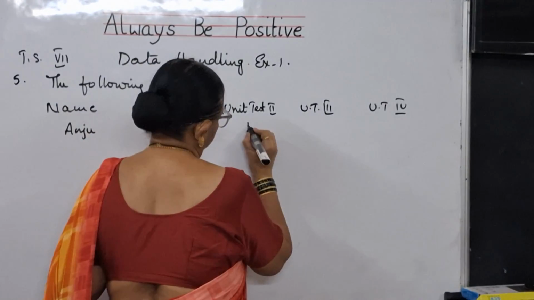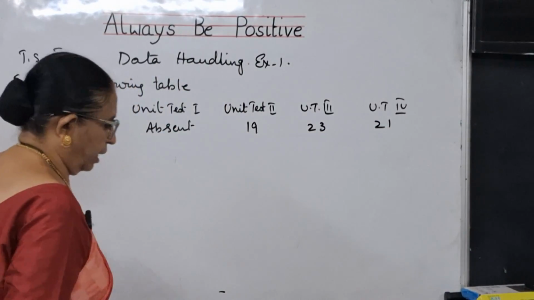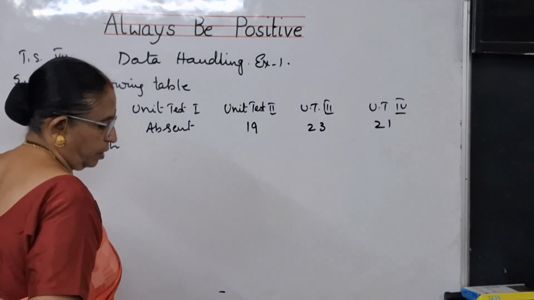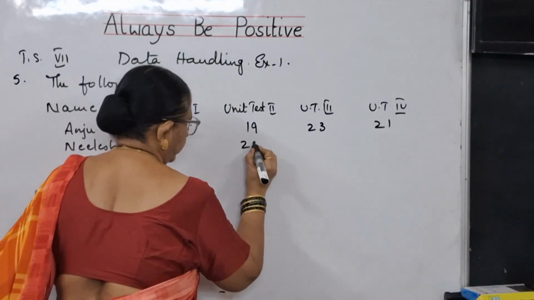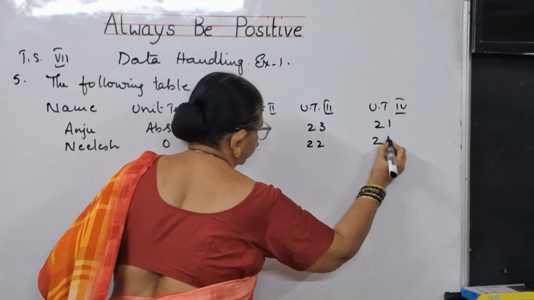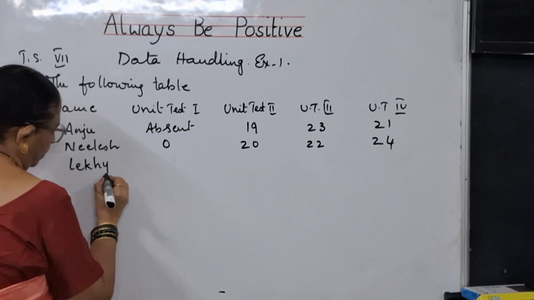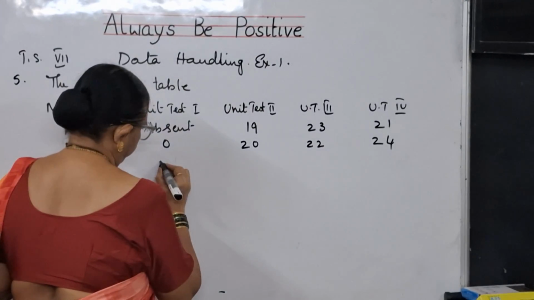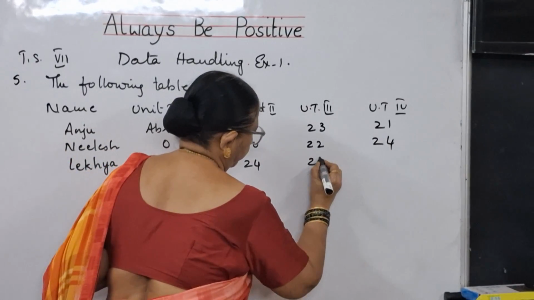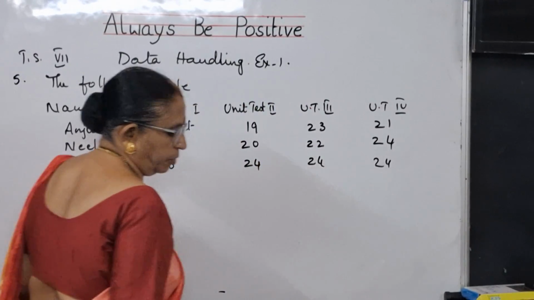And second, 19, 23, 21. And Nilesh, 0, 20, 22, 24. And then Lekhya, 20, 24, 24, 24. So these are the marks they have got.